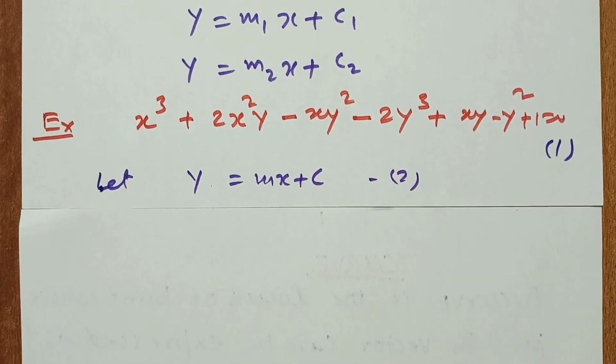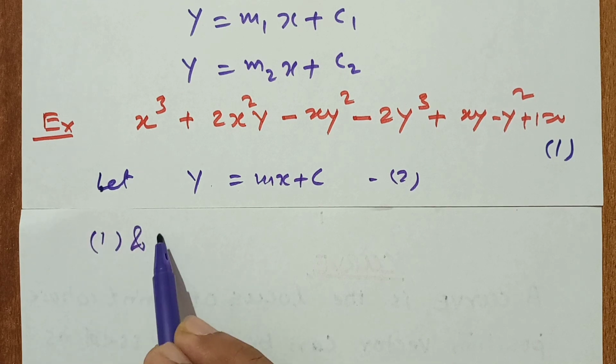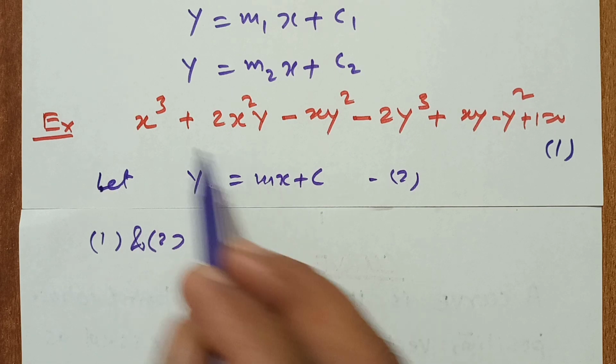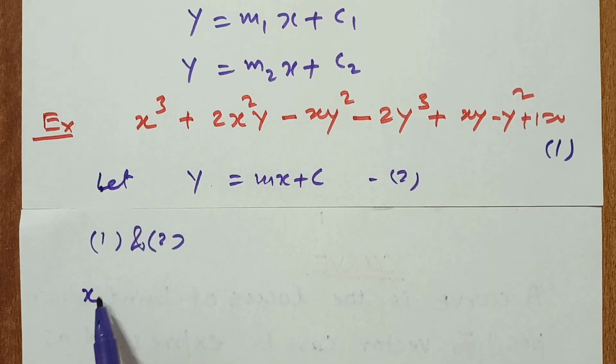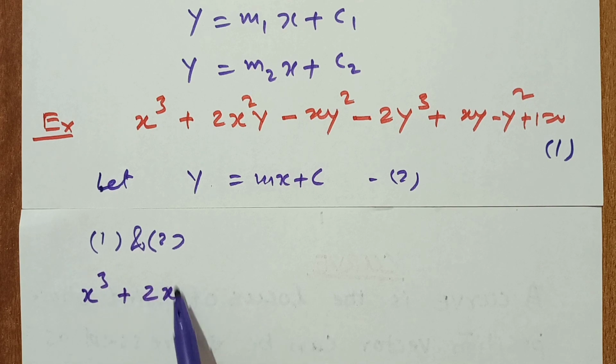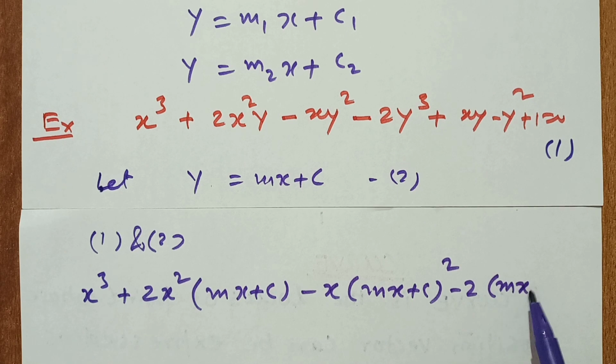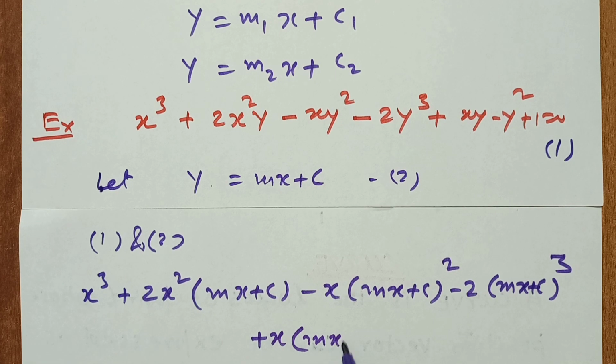So from 1 and 2, substituting y is equal to mx plus c in the given equation, we get x cube plus 2x square (mx plus c) minus x (mx plus c) whole square minus 2 (mx plus c) whole cube plus x (mx plus c) minus (mx plus c) whole square plus 1 is equal to 0.